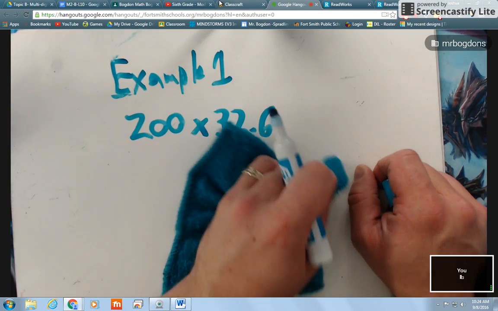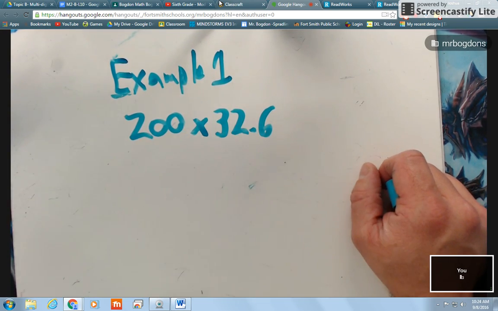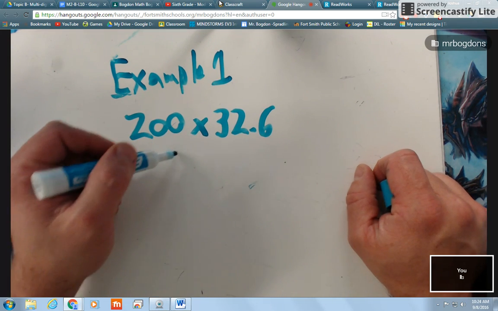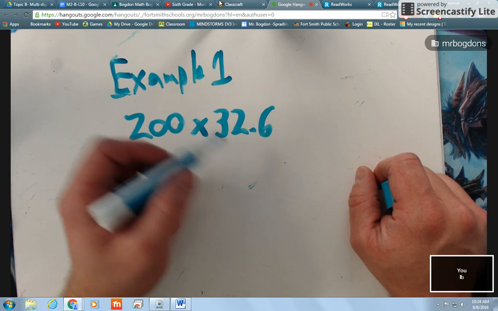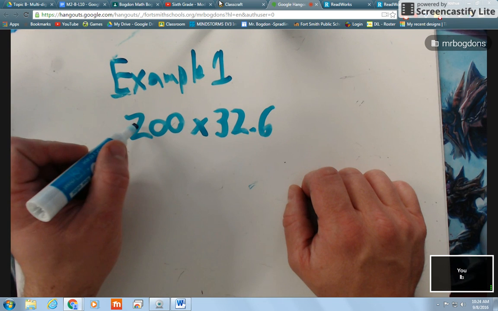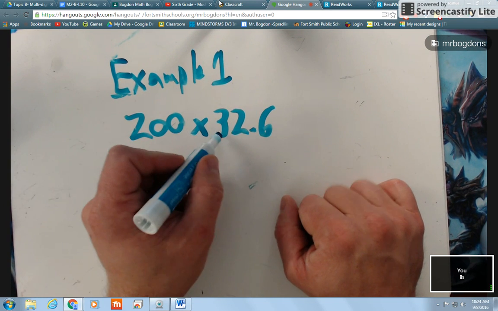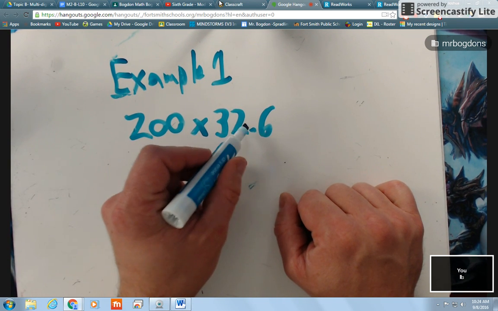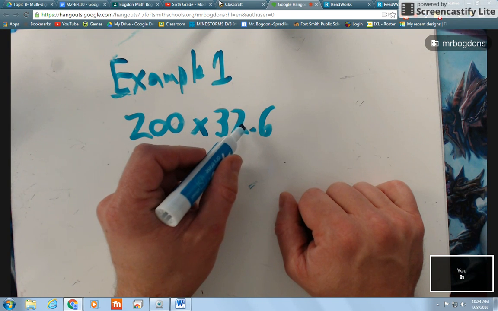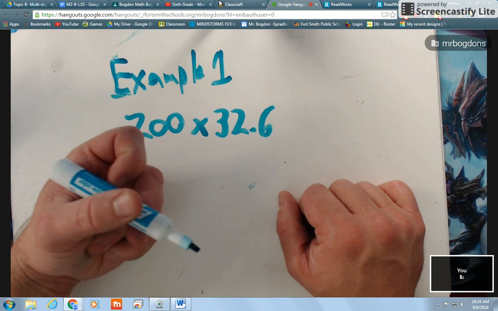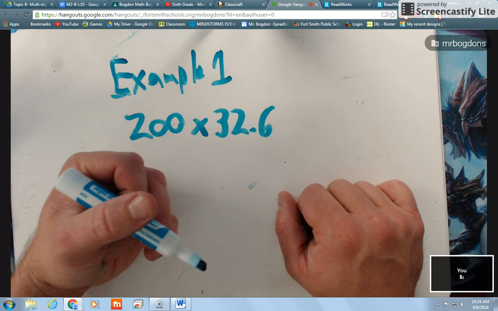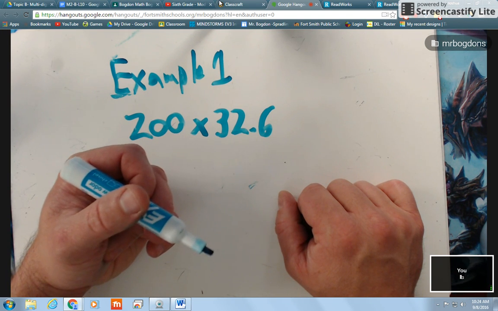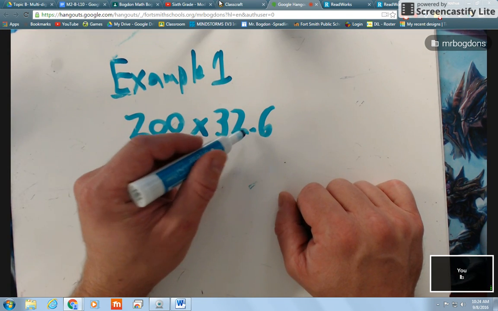So whenever I'm distributing with math, that means I'm taking one of these numbers and passing it out to my different characters here. So I see that I have a whole number, and then I have something to deal with decimals. So one other way to think about this is to distribute my whole numbers to my decimal numbers.